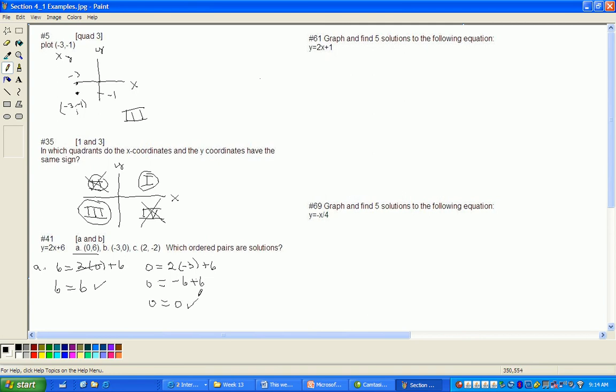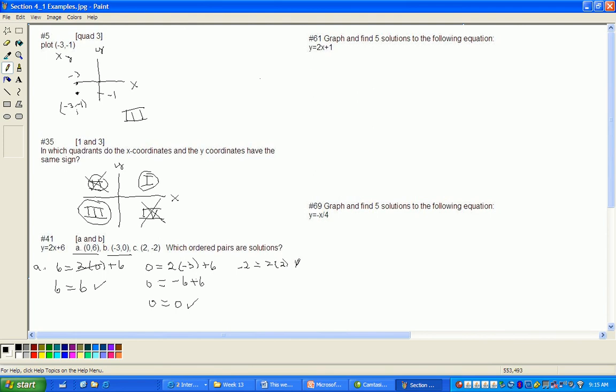I'll look at C. Everywhere we see an x, we'll put positive 2. Everywhere we see a y, we'll put -2. -2 is equal to 2 times 2 plus 6.